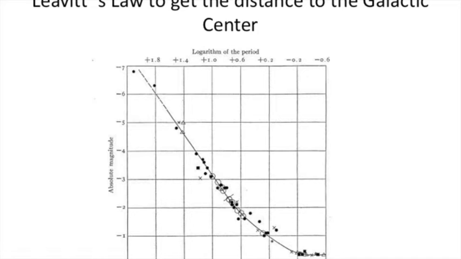Now, there wasn't a direct calibration at the beginning because no one knew how far away the Small Magellanic Cloud was. So Leavitt's original period luminosity relation was in observed apparent magnitude, not absolute magnitude. Shapley tries to turn that, and does, after a fashion, into a calibrated absolute magnitude scale. We know it wasn't perfectly right.